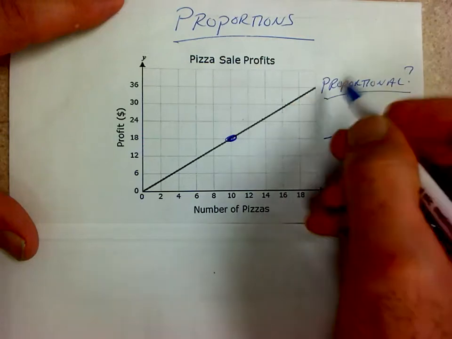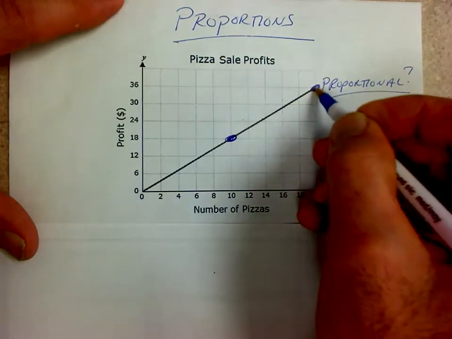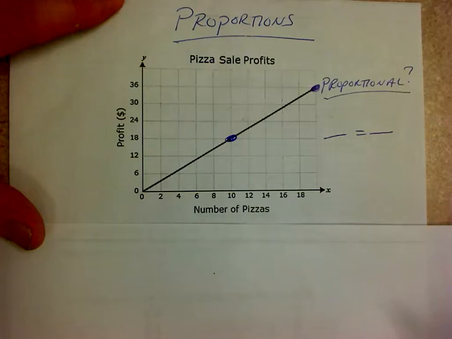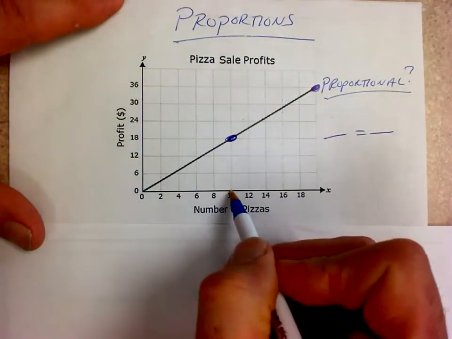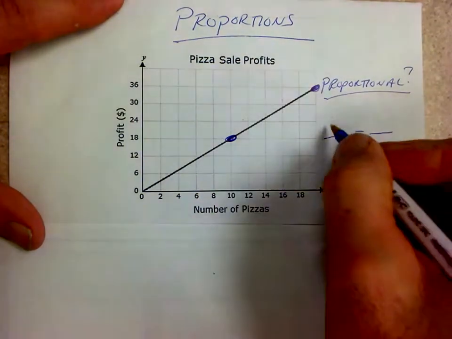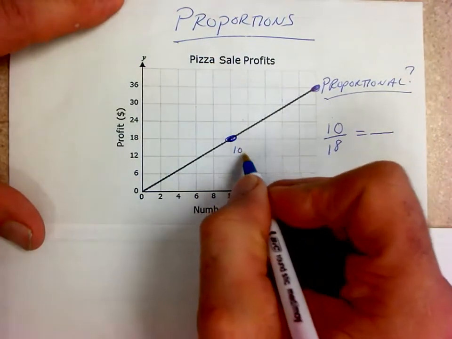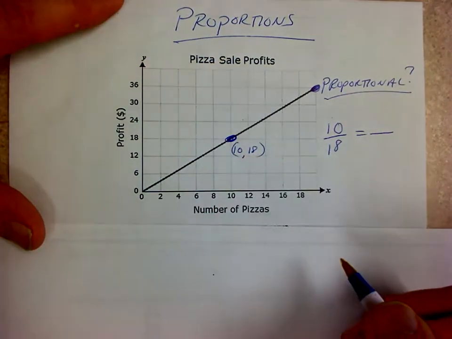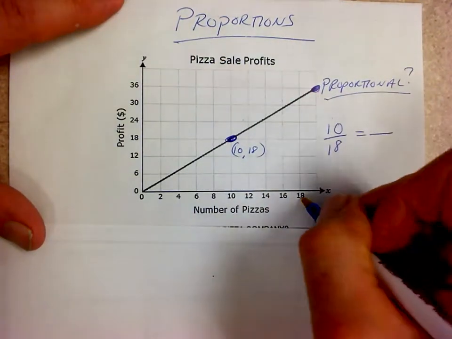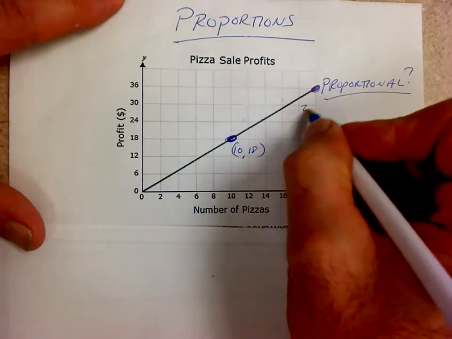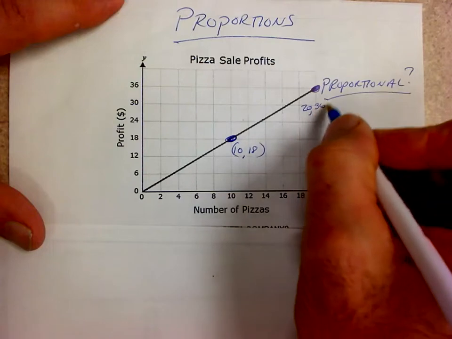We want to stay away from those as much as possible. So stay away from approximating. We have 10 to 18. So that can represent our first ratio, our coordinates. And then the next one would be 20, and we're going up to 36.